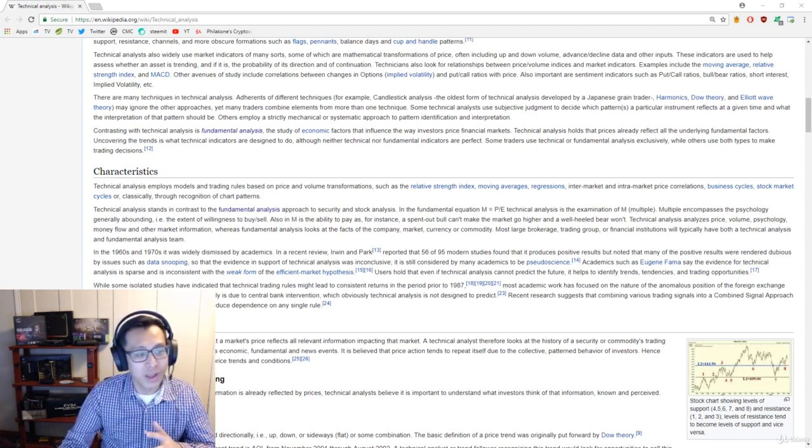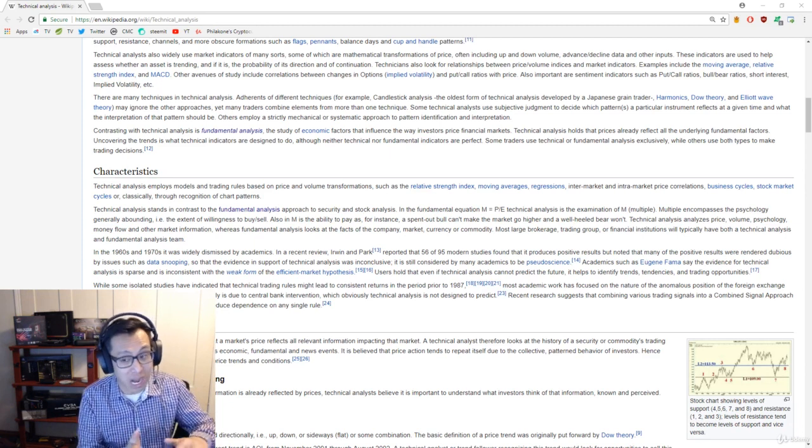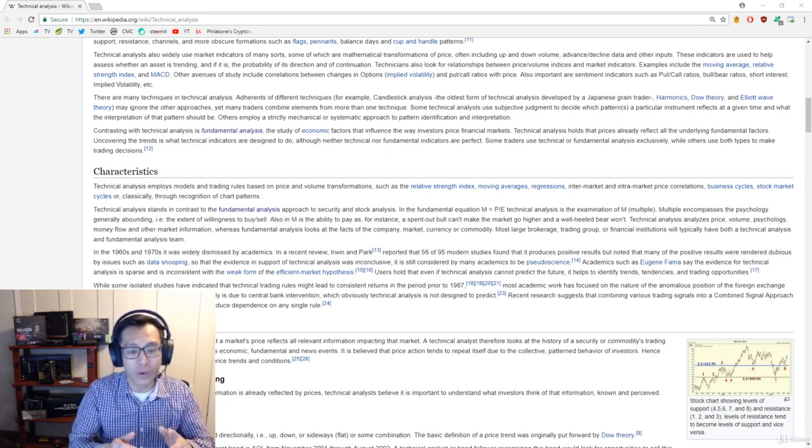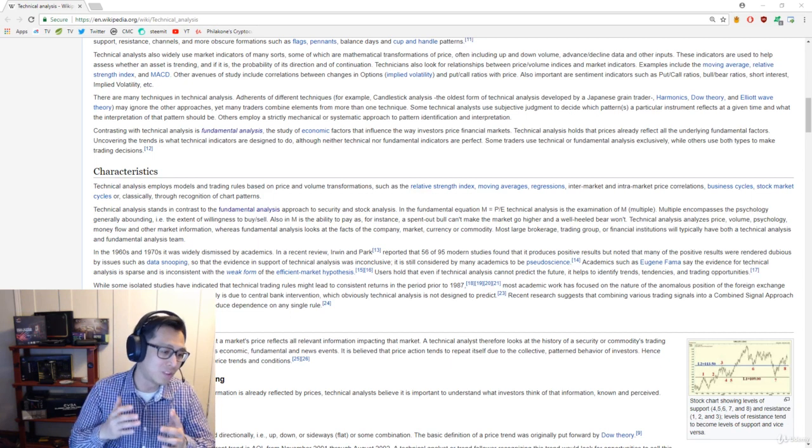So fundamental analysts don't really look at technical data, because they look at the external factors outside of that, right? That will give them an idea of whether it's a good time to invest or not. Now there are big arguments in the world between technical analysts and fundamental analysts, right?